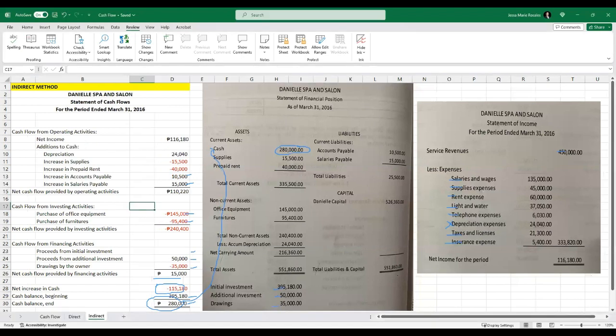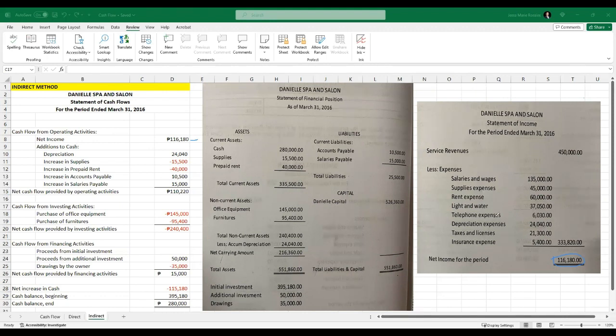Okay, so adto ta sa indirect. Sa indirect, di ba ang indirect method is i-work back nato, magsugod ta sa net income. Mao ni siya ang actually mas dali nga method kay work back man siya. So magsugod ta sa net income. Net income for the period 116,180.